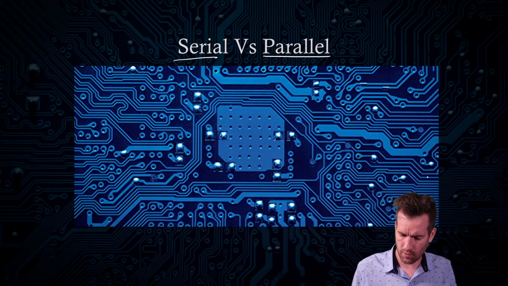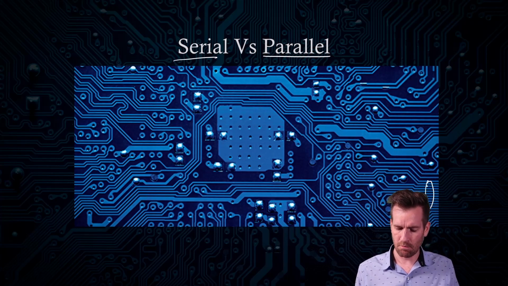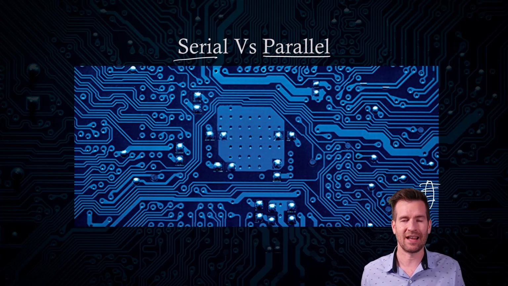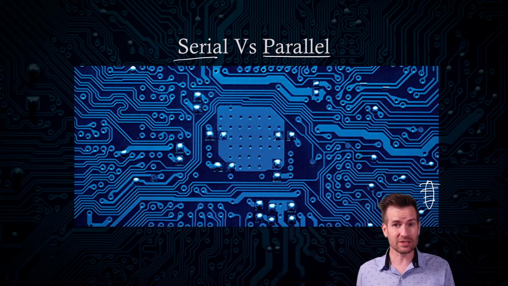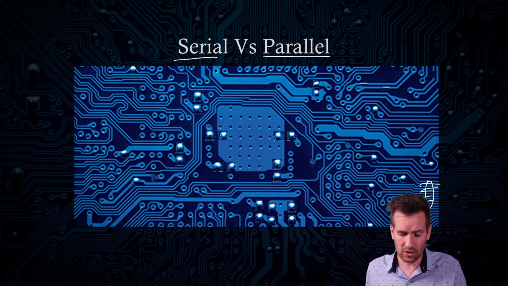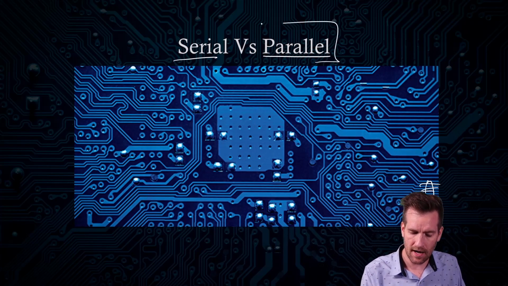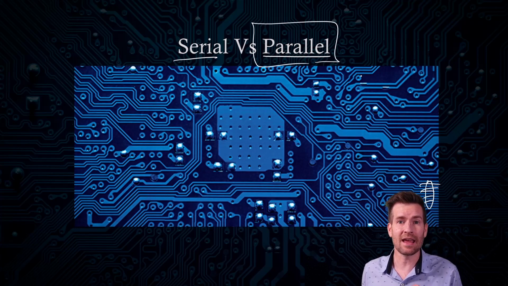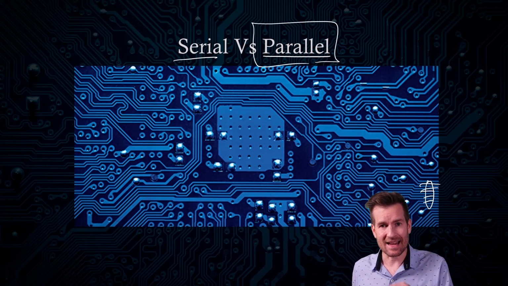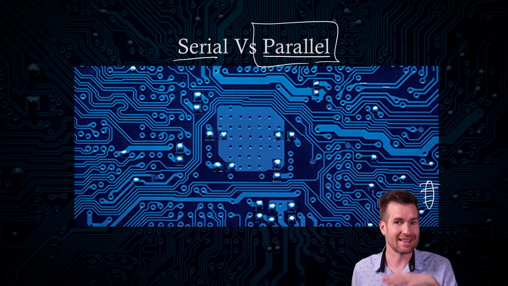I've got a circuit board right here, and it has multiple lines of communication on it. There are some cables, especially older cables, that were set up to be parallel, so they would communicate multiple bits at a single time. They could communicate across 8 lines and create a whole byte at the same time.